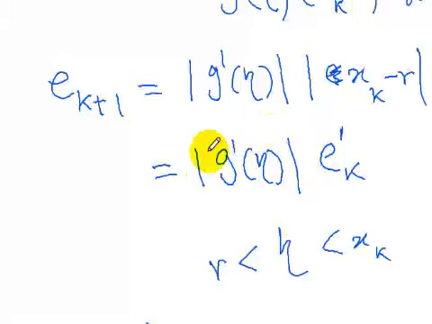So if you have a very small number here, the fixed point iterative method converges very fast.